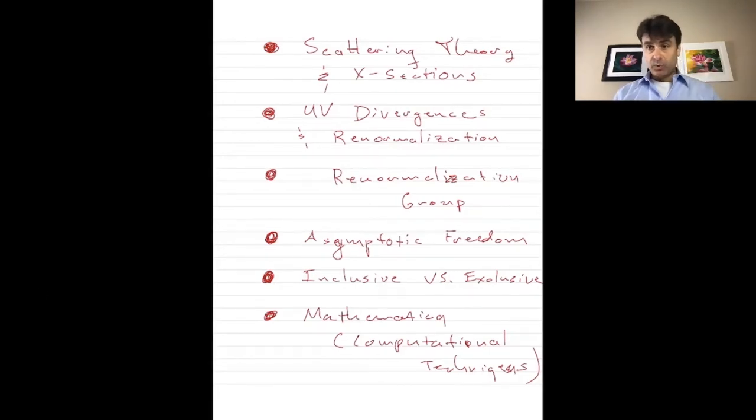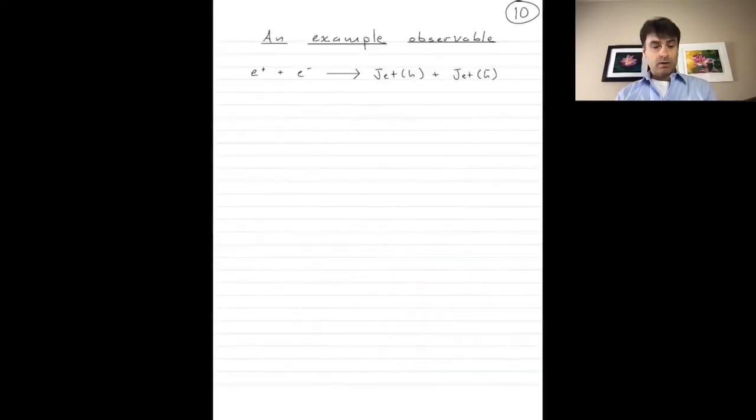Okay, now before we really get into the calculation that I'm going to do, which is again going to use our favorite example theory, the Yukawa theory, let me motivate it by some physical processes that people actually look at in particle physics.